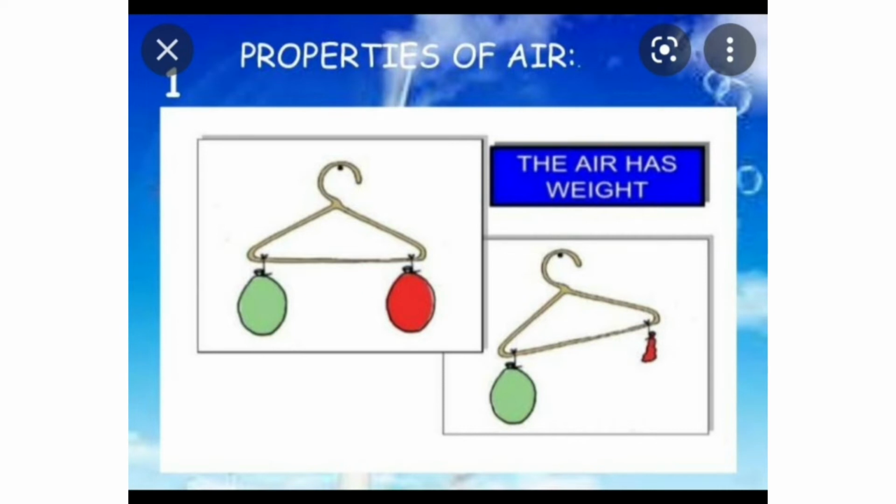So you have to inflate them equally and suspend one balloon on each side of a meter scale. Here we are doing this with a hanger. It also has the same sides, so you can use a hanger instead of the meter scale, and you have to tie the balloons on both sides.